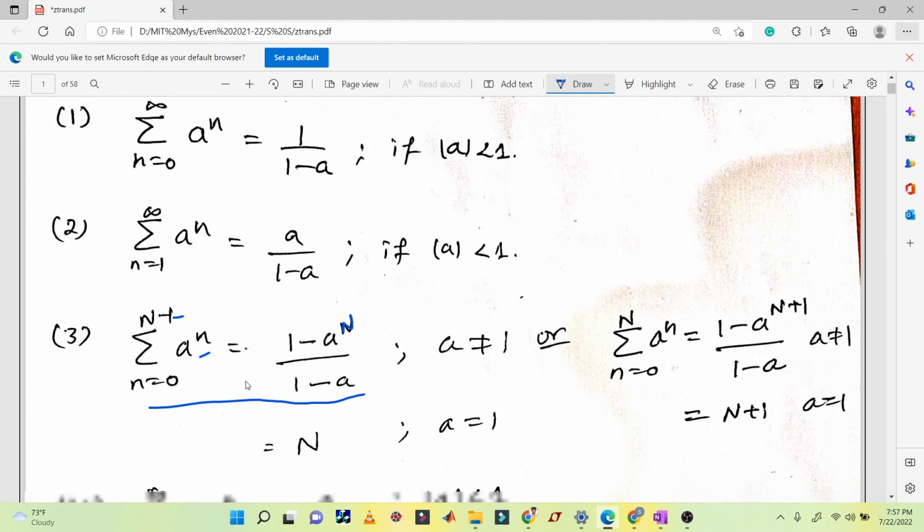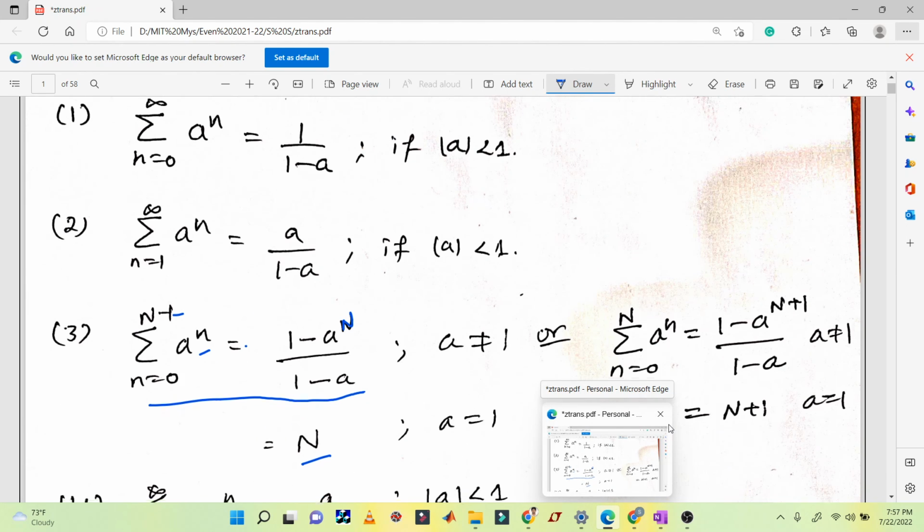If a equal to 1, then the result will be N. Same result we are directly using in this problem.